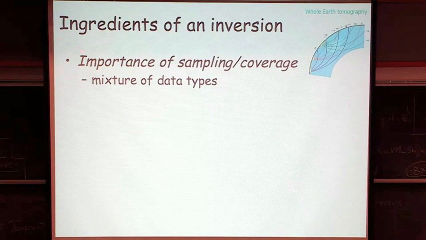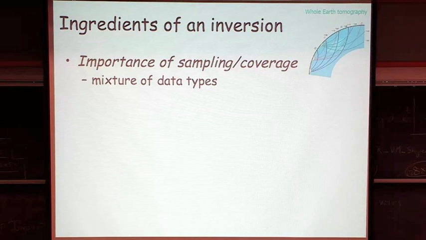I don't want to underemphasize the importance of sampling and coverage, because as you understand, the most important thing is that if you think in terms of blocks, again, this is just an example, then you can resolve the structure in the block if you have ray paths coming from all directions in that block, because that allows you to separate this block from the other blocks, right? So this is sort of the main principle. And so what we're striving for in seismic tomography is to have the best possible coverage.